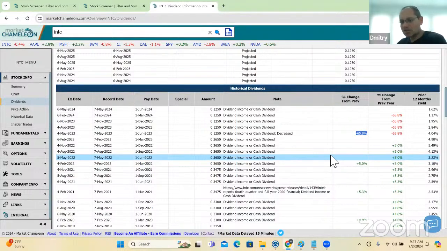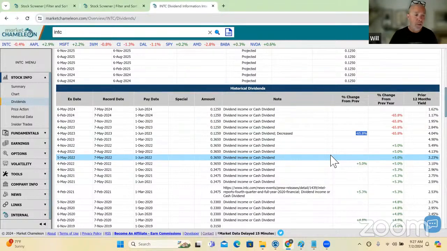They cut the dividend by 65%. That could happen, right? Because if you're not generating enough income to sustain it, eventually you're going to have to cut it. You've got to get the money from somewhere. So that's the difference. Hopefully that helps clarify what a payout ratio is and dividend yield.